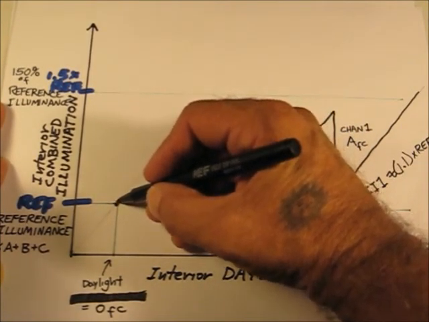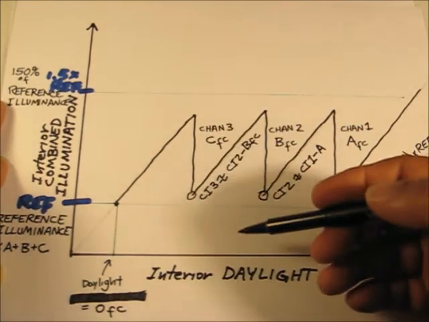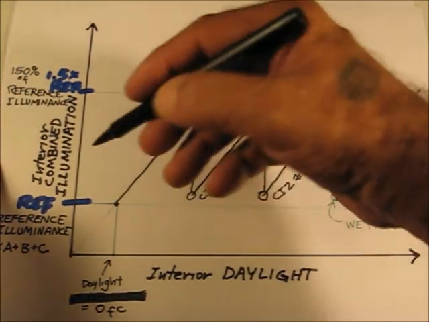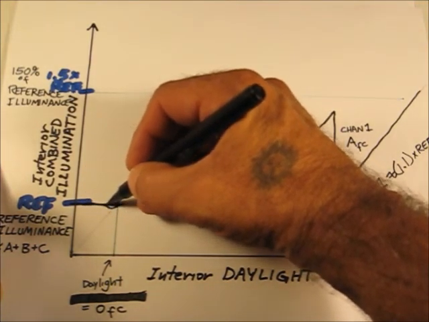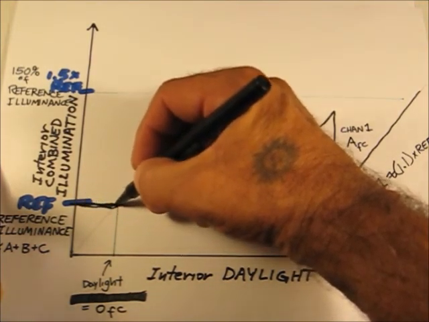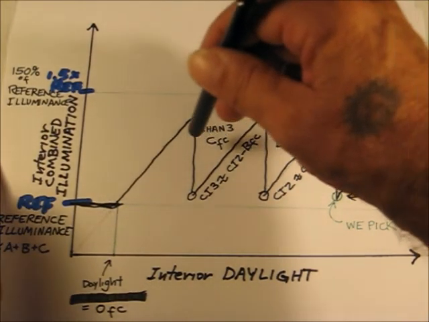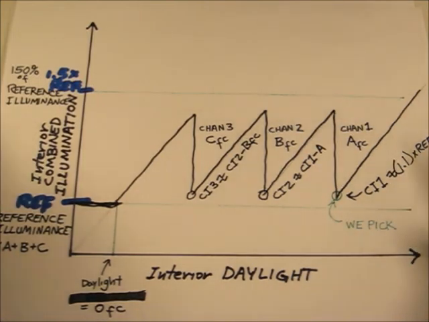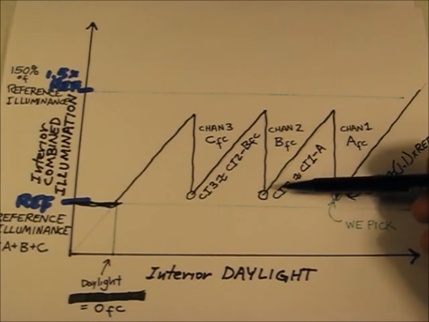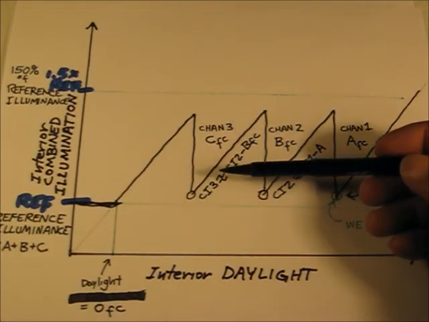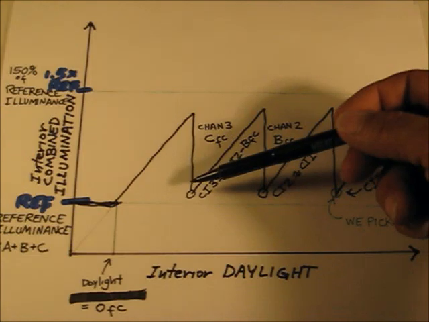The rest of the decrease in the space is all daylight going down. When we run out of daylight, we're now going to hit a hard point, which is our reference illuminance, because after all we have A, B, and C turned on. So you pick this point, and then you use these simple calculations to determine this point and this point.